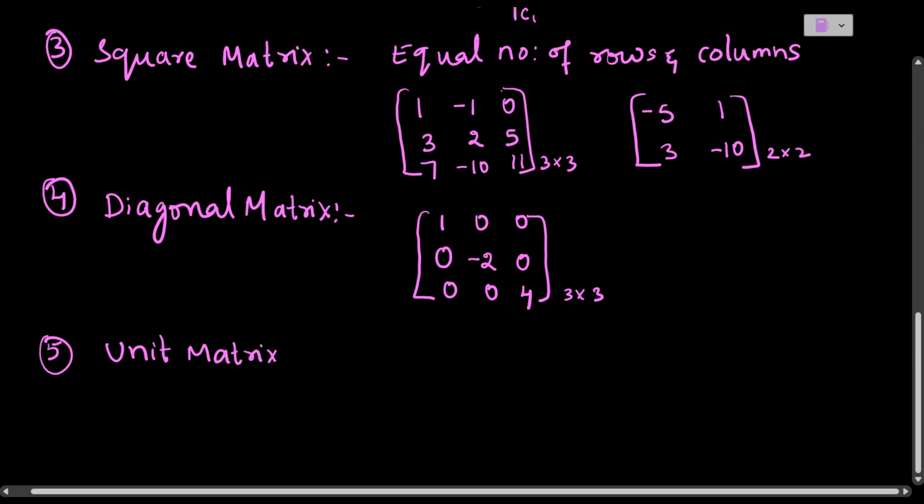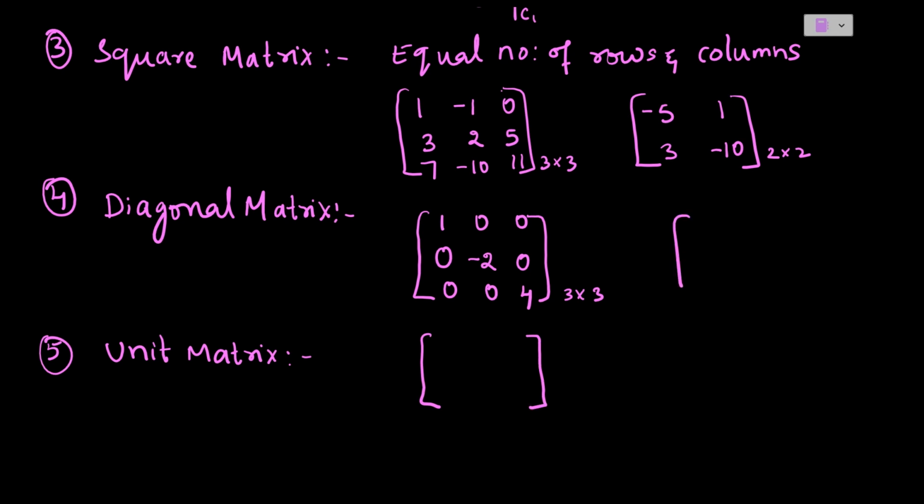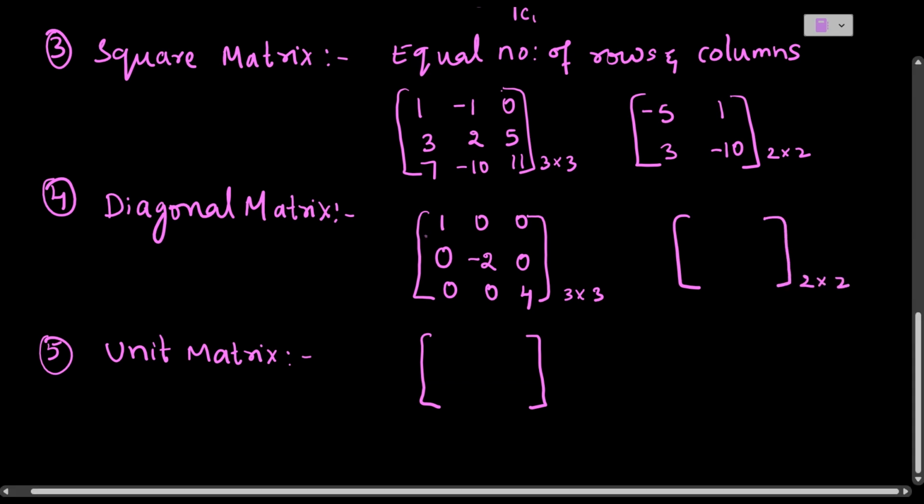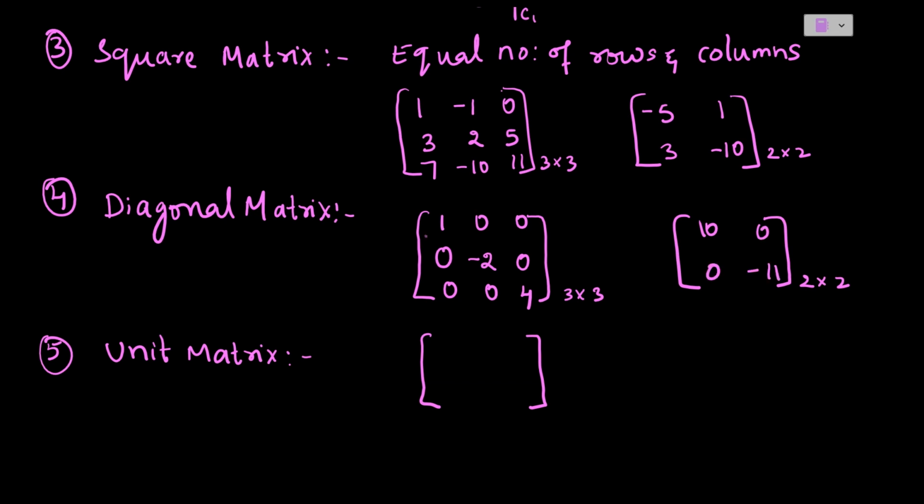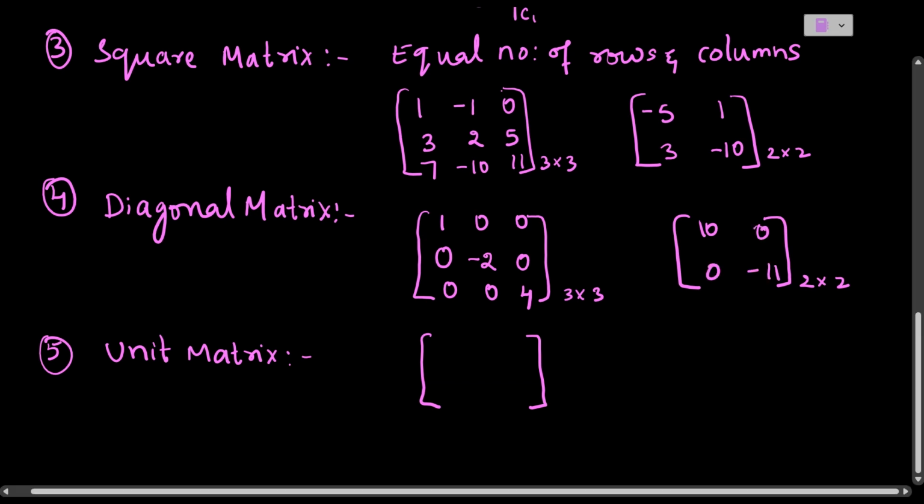Next, unit matrix. So what do you mean by unit matrix? It is also a square matrix. See here, I am giving another 2 by 2 example: 10, 0, 0, -11. Diagonally it is having elements but all the remaining are zeros. Unit matrix is also a square matrix and also a diagonal matrix, but the diagonal elements are only 1.